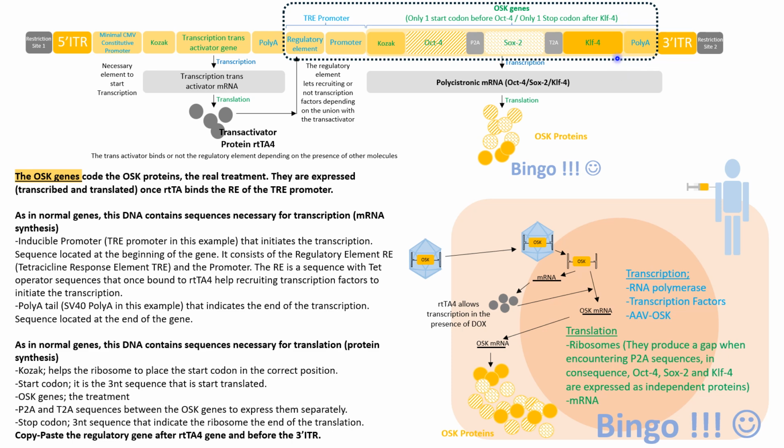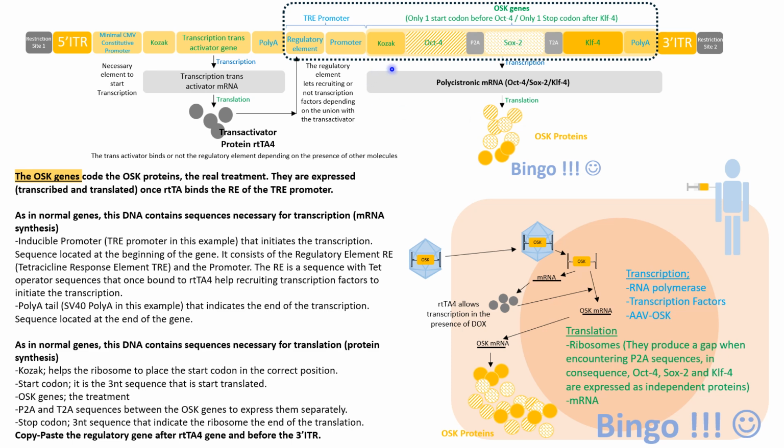So let's summarize it a little bit. For transcription, we need a promoter. This promoter is inducible. It requires a signal, and for finishing the transcription, it requires the poly-A sequence. These two sequences are necessary for transcription. And then we have information necessary for translation, that is all the information from the Kozak sequence up to the stop codon.